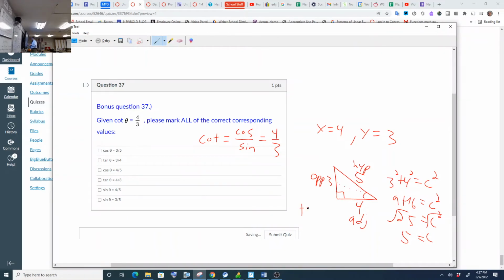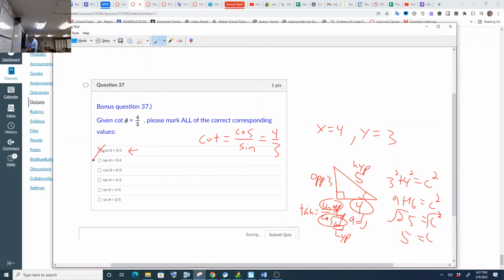The reason why is because what is tangent? Tangent is sine over cosine, or opposite over adjacent, and sine is opposite over hypotenuse and cosine is adjacent over hypotenuse. Nice. So sine is opposite and cosine is adjacent, and cosine is 4 and sine is 3. Okay, perfect. So we go through each one of these. What is cosine? Is cosine 3 over 5? Well, the adjacent is actually 4, so that's not right.